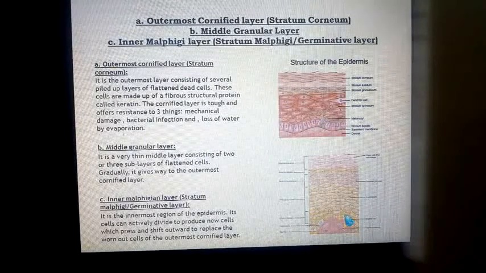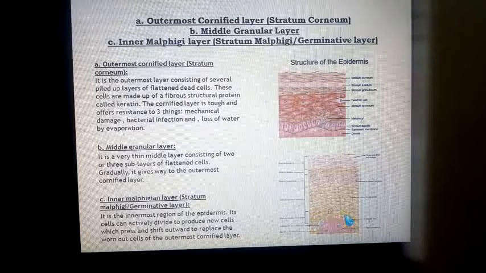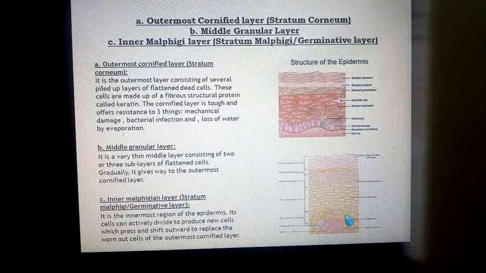Now we are going to learn about the outermost cornified layer. Outermost cornified layer, stratum corneum. It is the outermost layer consisting of several piled up layers of flattened dead cells. These cells are made up of a fibrous structural protein called keratin.